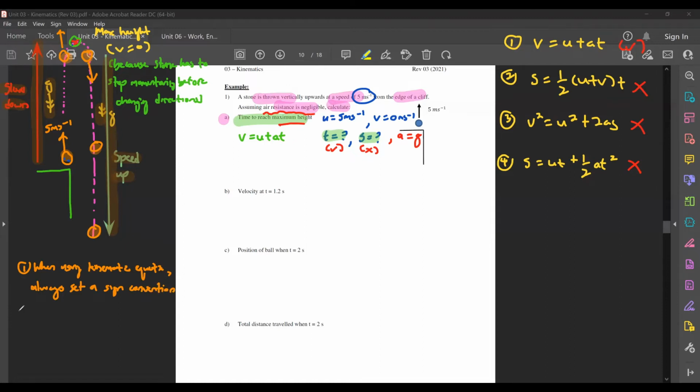Then I mentioned that the sign convention follows, or tends to follow, the initial direction of motion. Okay.